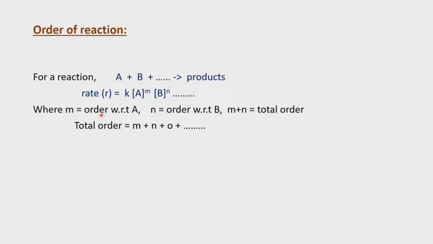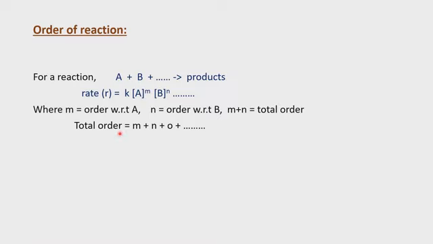Here m is the order with respect to A. Small n is the order with respect to B. If we add m plus n, it is the total order of the reaction. So total order equal to m plus n plus o and so on. Is it clear? Okay. So finally, this is the order.